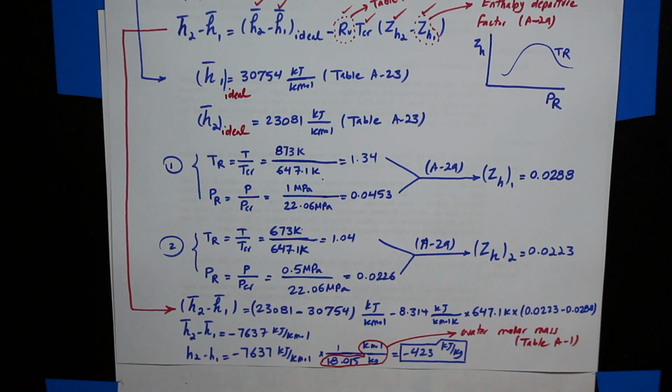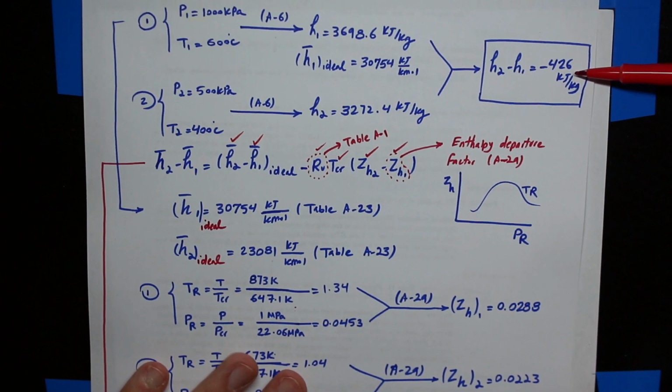So the difference between them was negative 423 kilojoule per kilogram, or basically H2 was 423 kilojoule per kilogram less than H1. H1 was greater than H2. And in part A, we also had kind of the same result, pretty close, like these two numbers.